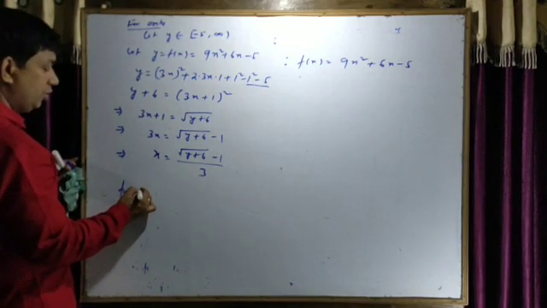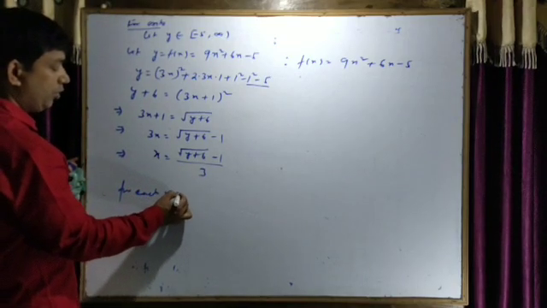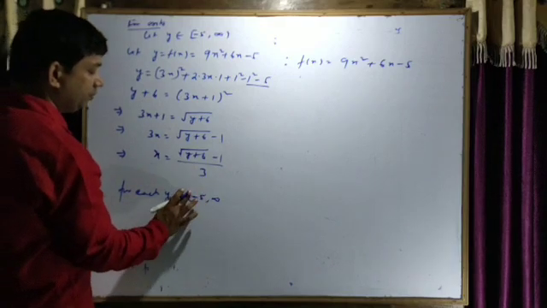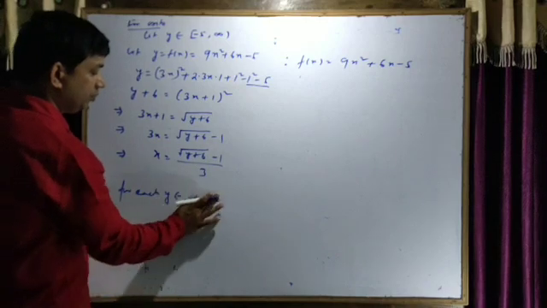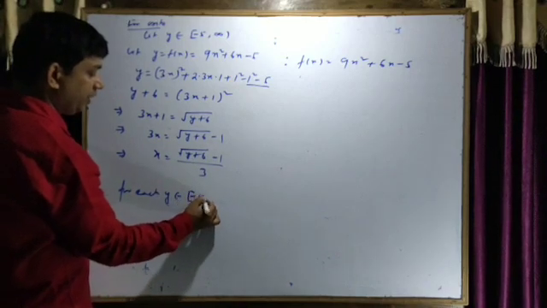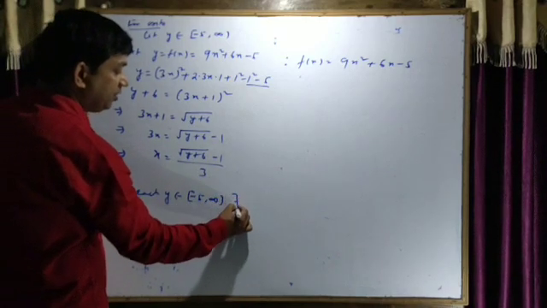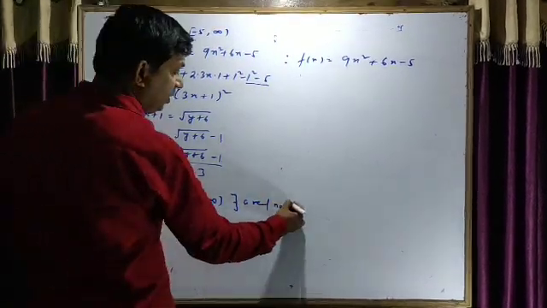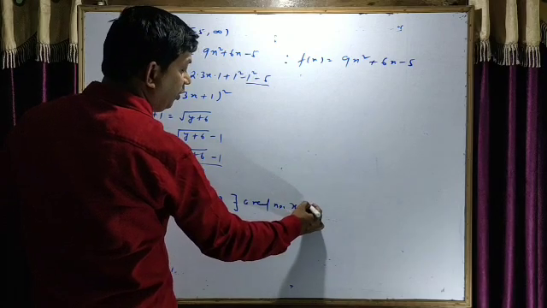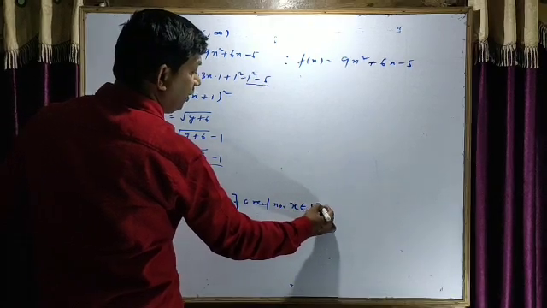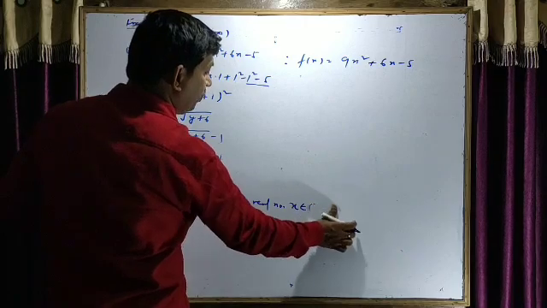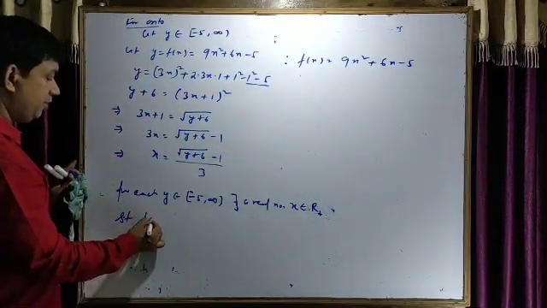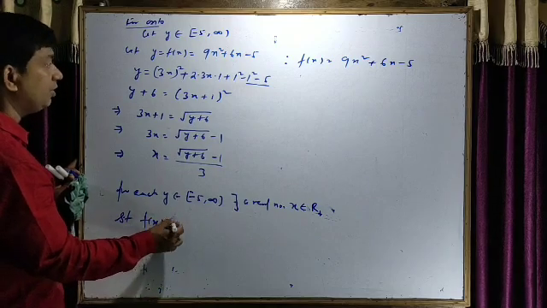So for each y belonging to [-5, infinity), there exists a positive real number x belonging to R plus such that f of x equals y. So what is f of x?